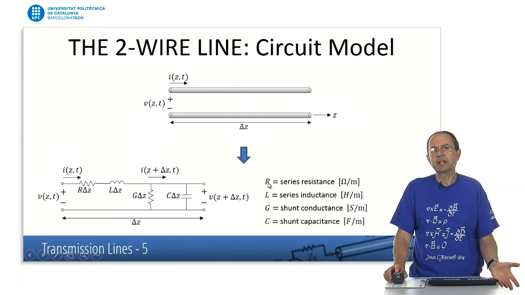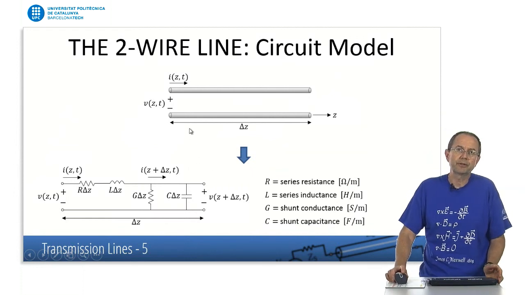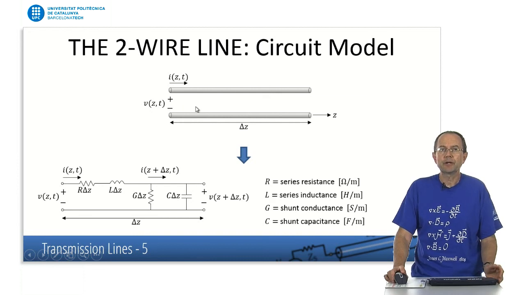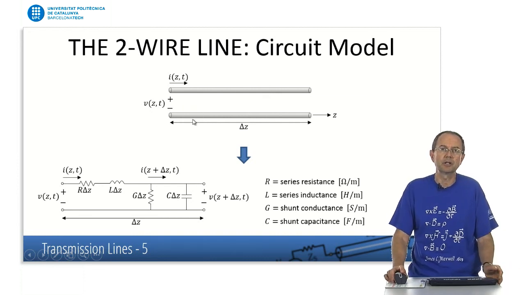Okay, let's analyze a basic example of a transmission line, which is a two-wire line. What we have here is just two conductors, which are separated by a certain distance with a dielectric. We want to analyze the evolution of the voltage and current along the line, so we have to establish an electrical model of this line.